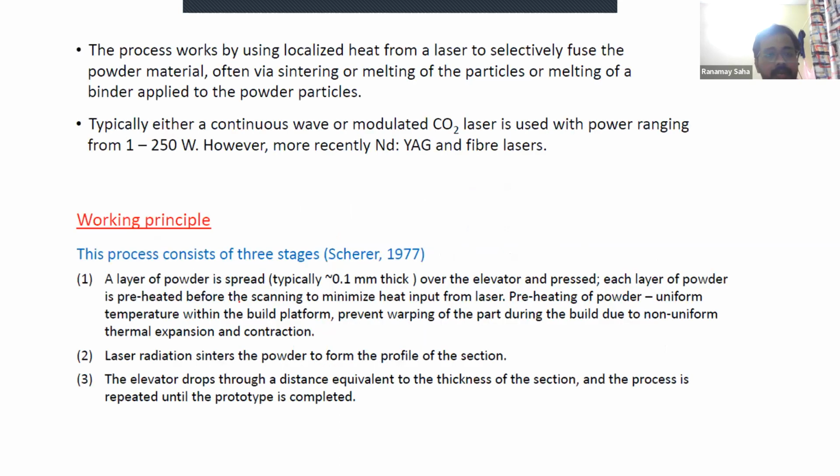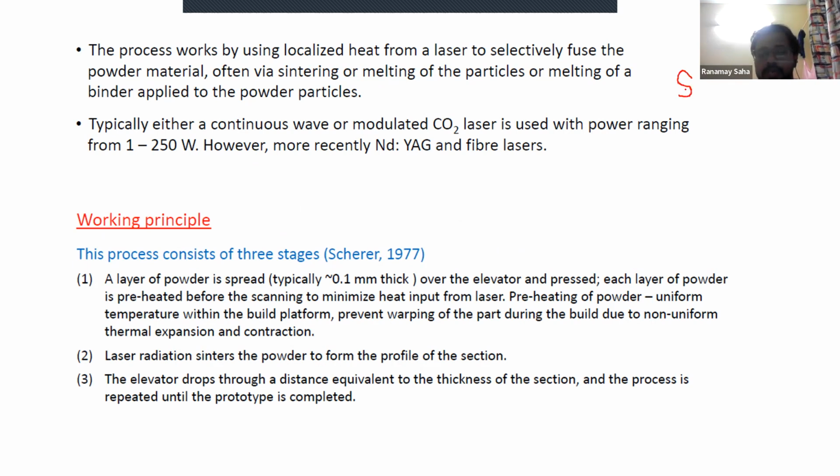So to go in detail, the process works by using localized heat from a laser to selectively fuse the powder material, right? Often by sintering or melting. So what's the difference? Sintering is bond formation prior to melting, right? So that is called sintering.